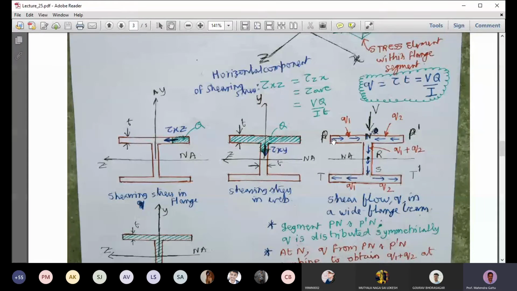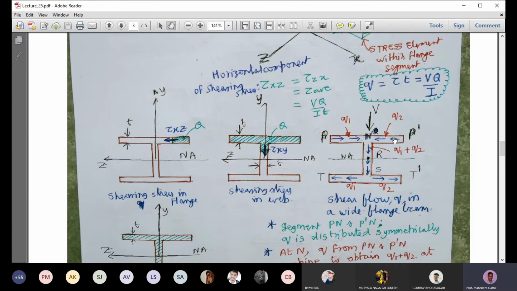At point P, capital Q is 0 and small q is also 0. Similarly, at P prime, capital Q is 0 and small q is also 0. From here onwards, as you move towards the vertical plane of symmetry, the small q value will keep increasing.